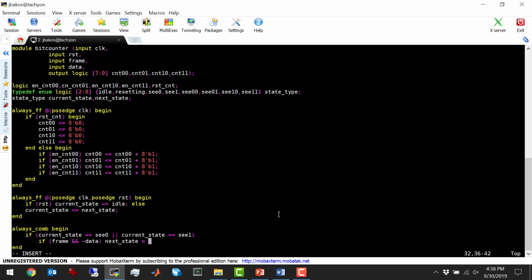Now I'm going to use a blocking assignment statement here because this is combinational logic.